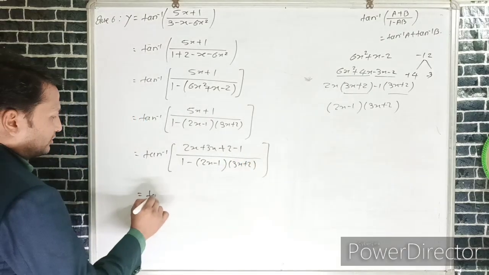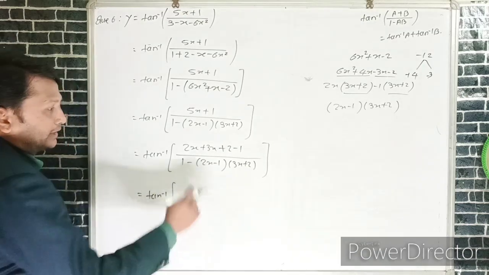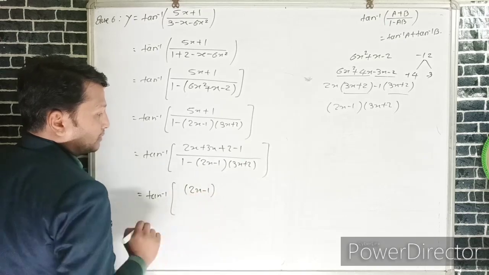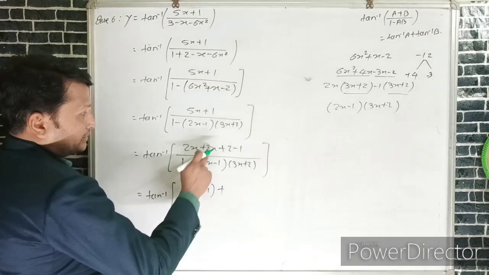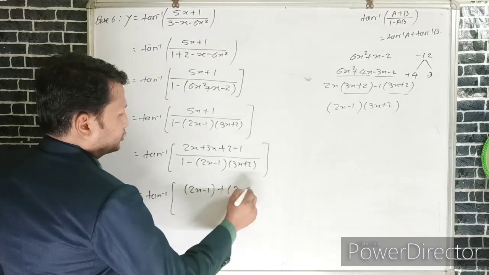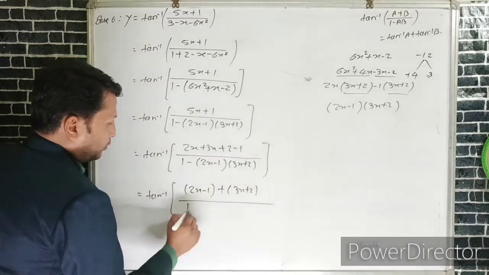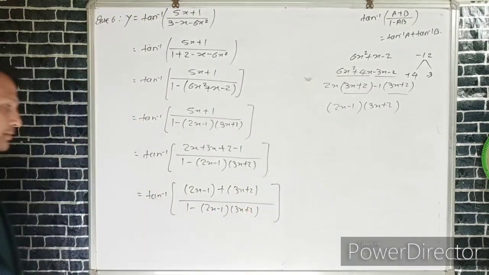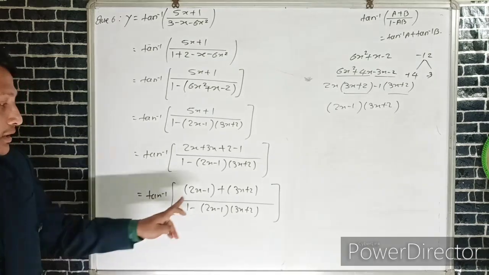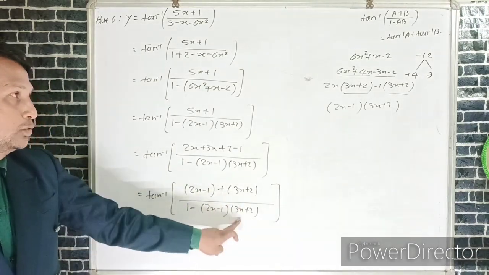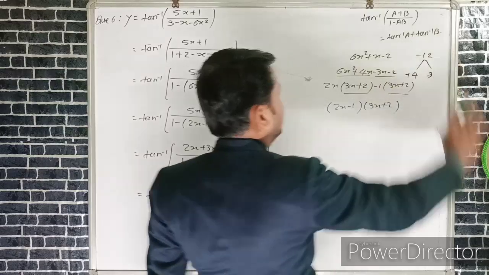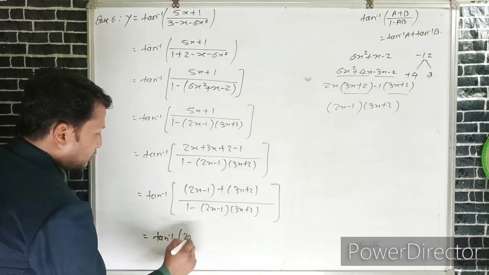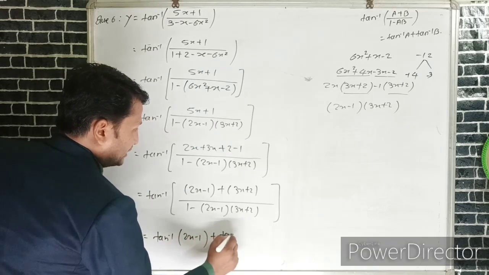After that, we take the first bracket 2x minus 1, that is 2x and minus 1, plus the second bracket 3x plus 2, upon 1 minus 2x minus 1 into 3x plus 2. Since this is given in the form a plus b upon 1 minus a into b, we can write tan inverse a plus tan inverse b. Hence, this function we can write as tan inverse of 2x minus 1 plus tan inverse of 3x plus 2.